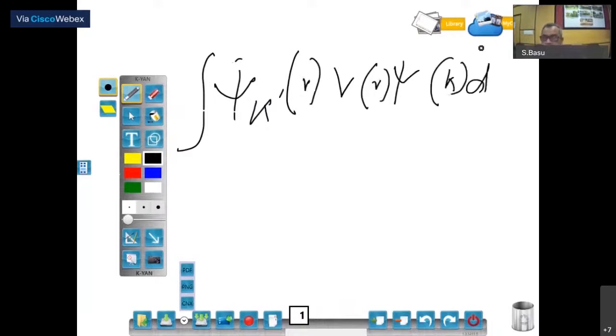This is the transition probability from a state k, given by this integral, apart from a few constant terms which you have written. For the time being, you may just accept them.